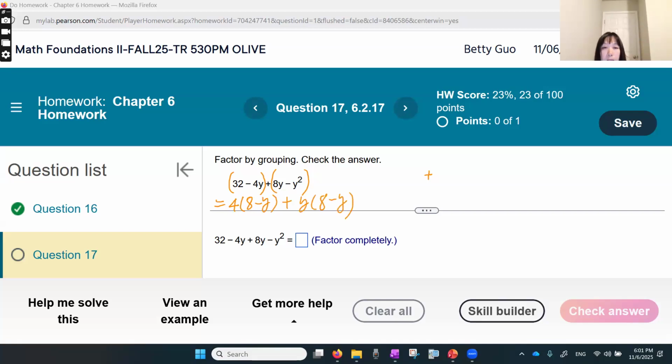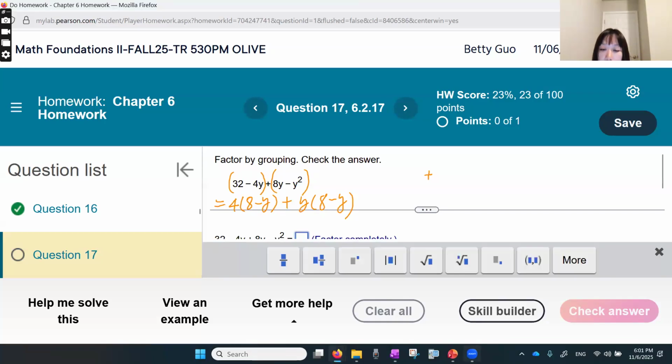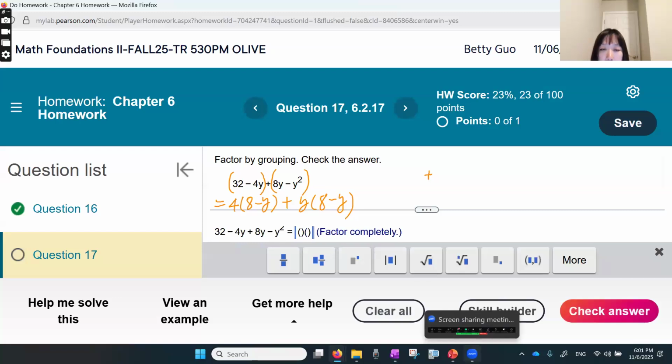A minus y is the common binomial factor. So the factorization, inside the first parentheses, A minus y, second parentheses, what is it? 4 plus y, or y plus 4. Here we go.